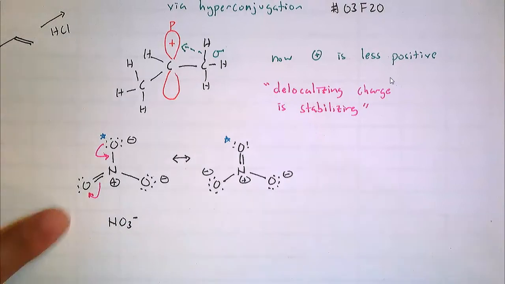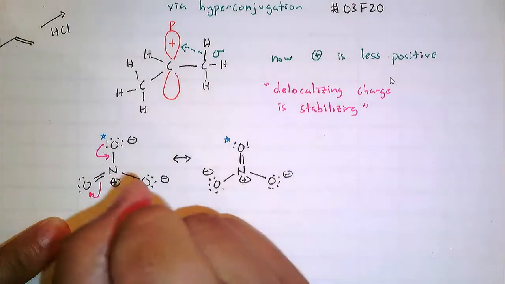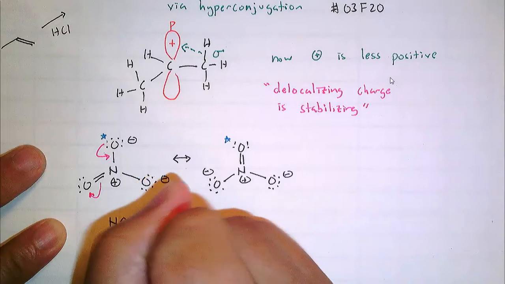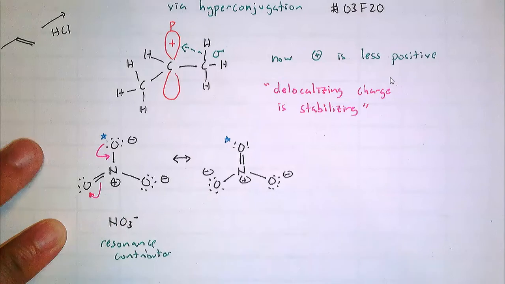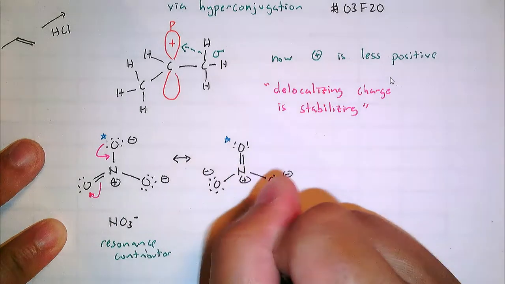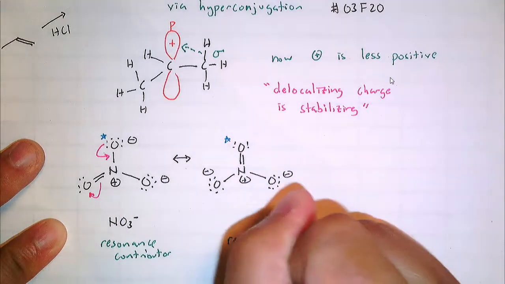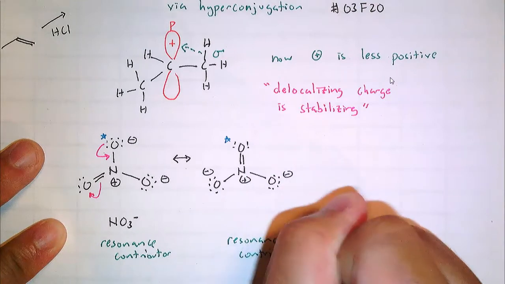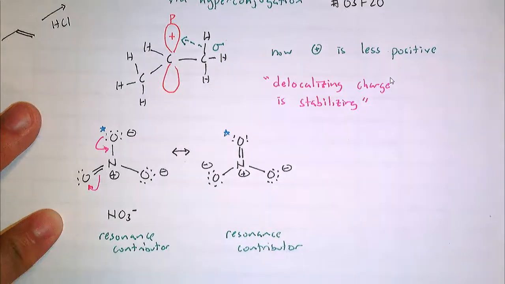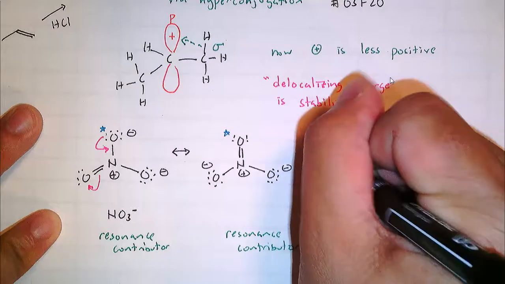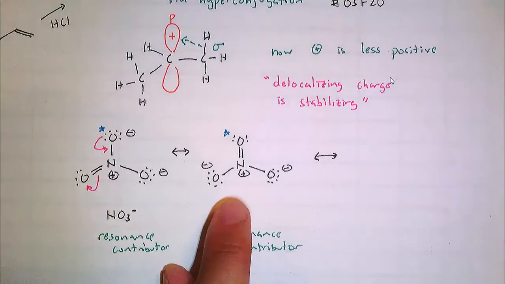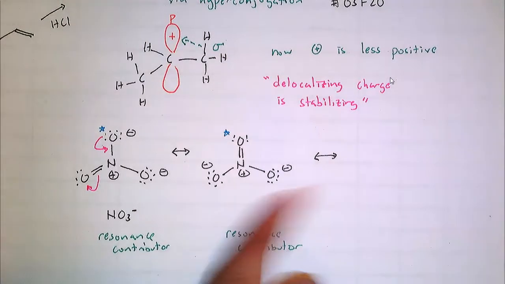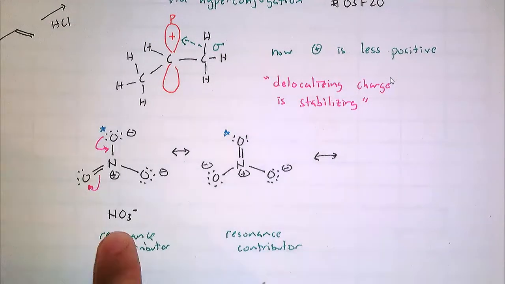So we could count this as resonance contributor number 1, and we have another resonance contributor number 2. There's actually a third one, and I will challenge you to, on your own, draw the mechanism arrows to get to the third resonance structure of nitrate.